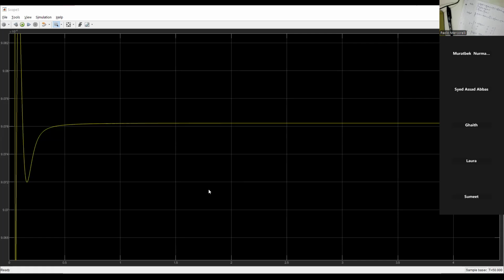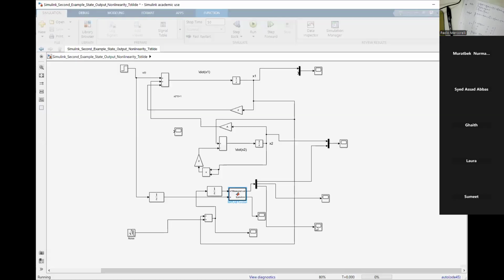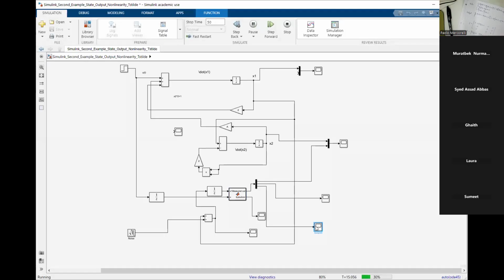Let me see Ts tilde here. Simulating with different values. Yeah, we can see that here is the initial value.